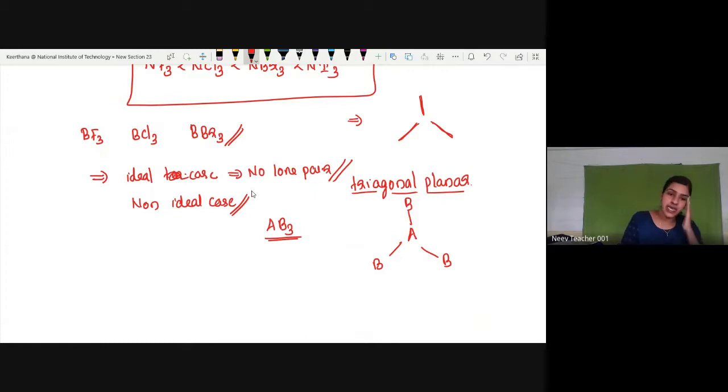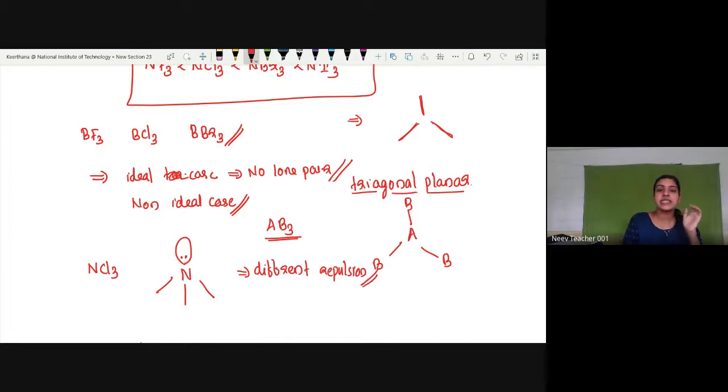When you are considering NCl3 or NBr3, there is an influence of a lone pair, so different repulsions of different magnitude are occurring here.